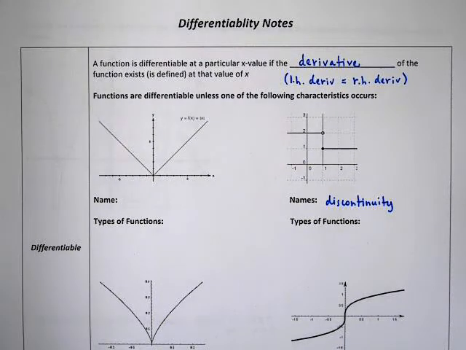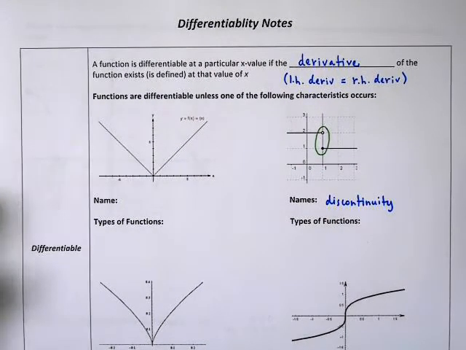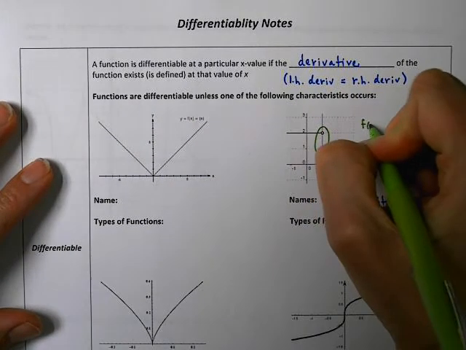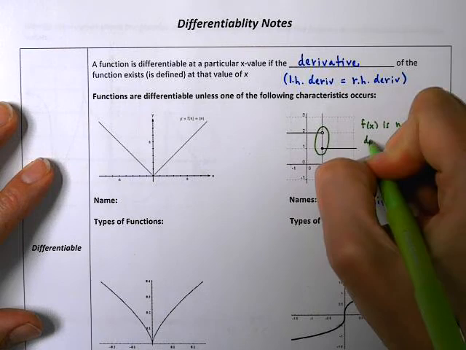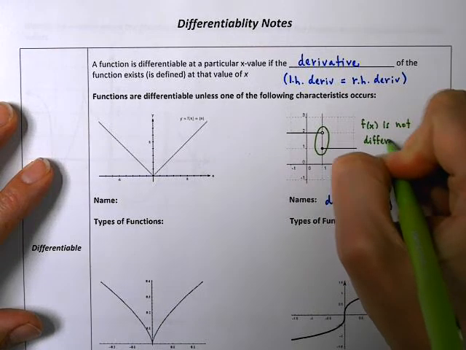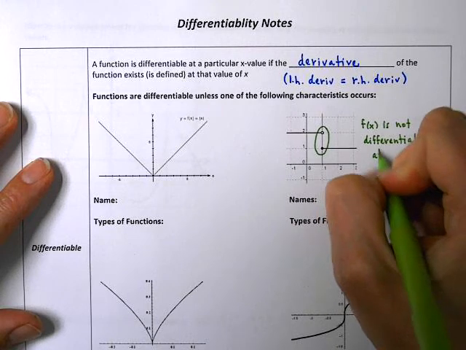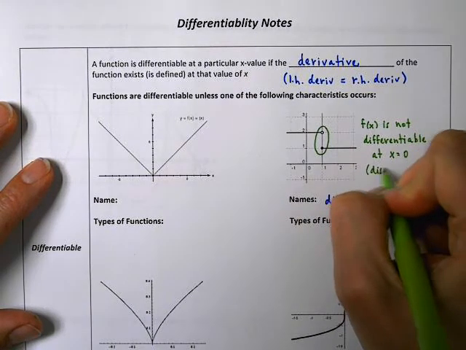So in my example here, I have a jump discontinuity, and we would say that our function, I'm going to assume it's f of x, f of x is not differentiable at x equals 0. And we would say that's because it's discontinuous.